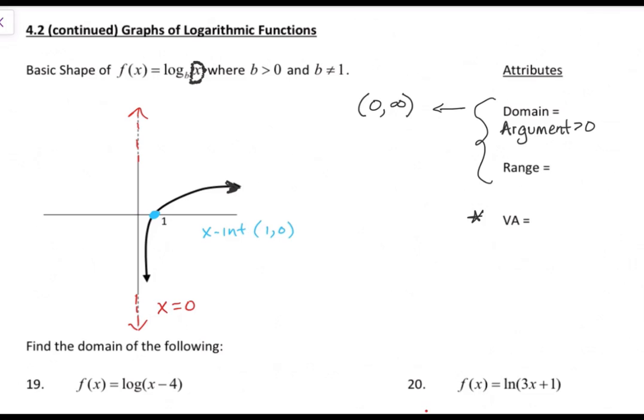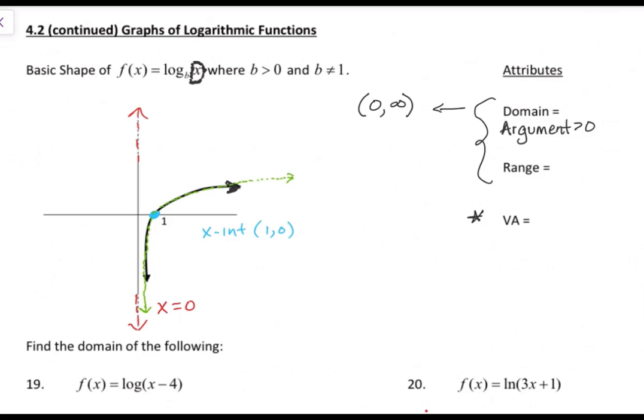And the 0 is closed with a parenthesis because this branch to the left of my x-intercept is getting closer and closer to that vertical asymptote, but will never cross it. Whereas the branch to the right of that x-intercept is continuing to the right forever. It is also continuing to rise forever, it just does it at a very slow pace.